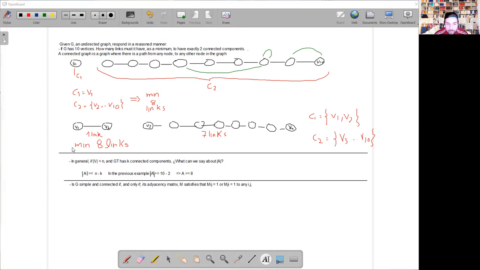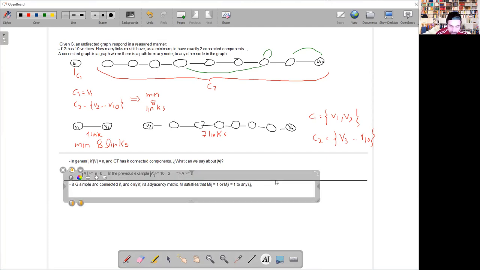Well, a connected graph is a graph where there is a path from any node to any other node in the graph.